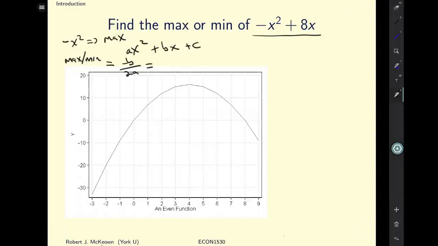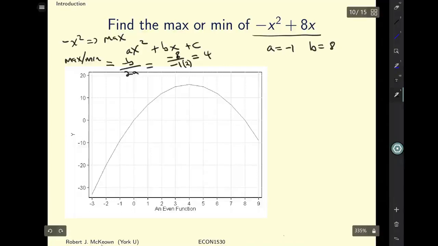And here we've got a is equal to negative 1, and we've got b is equal to 8. So we're going to get negative 8 over negative 1 times 2, which is going to be equal to 4.